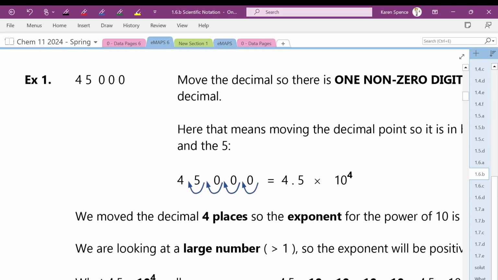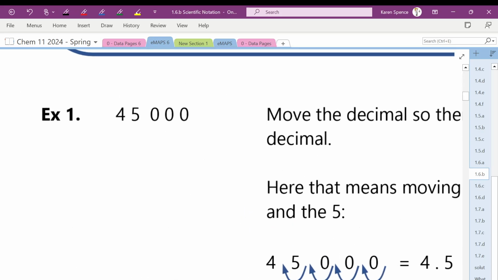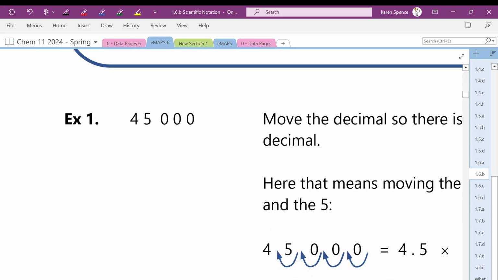Okay, here we have 45,000. In the number 45,000, I have not written a decimal, but where would the decimal go if I had written one? It would go after the final 0.